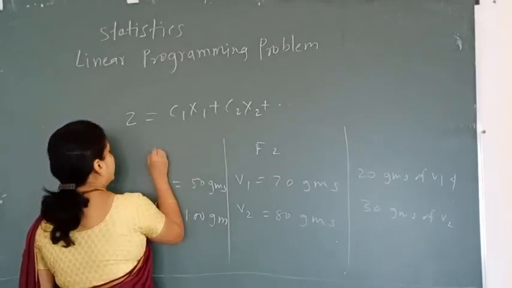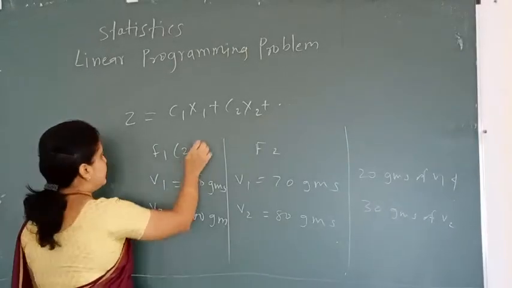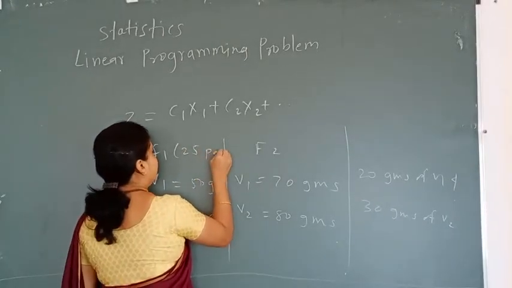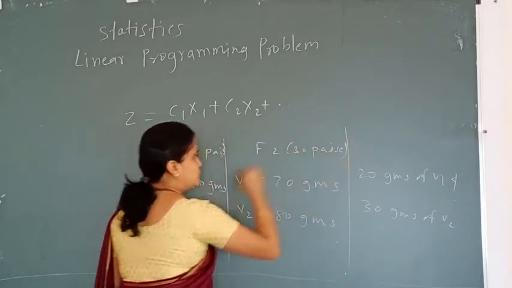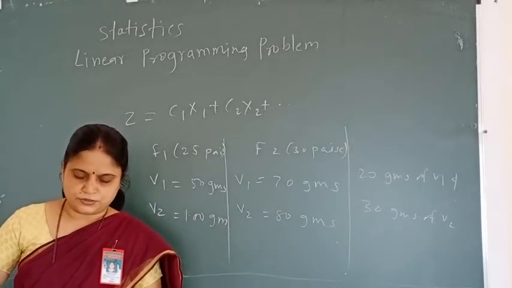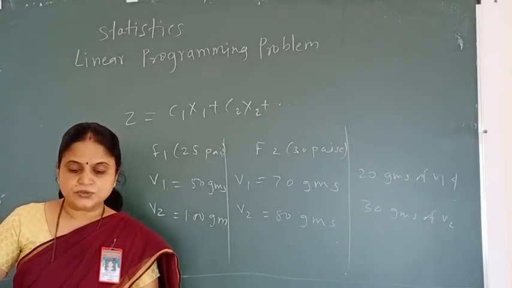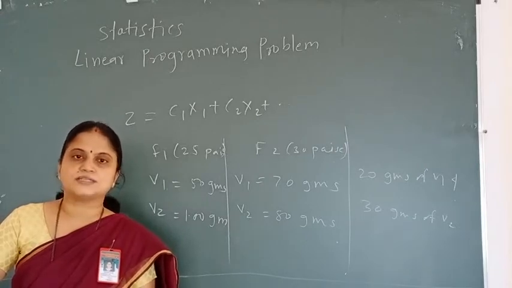This is the cost provided by the manufacturer. Now how many units of F1 and F2 should the man take so that the cost is minimum?